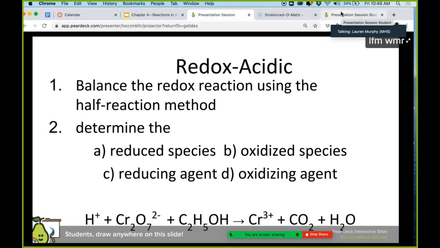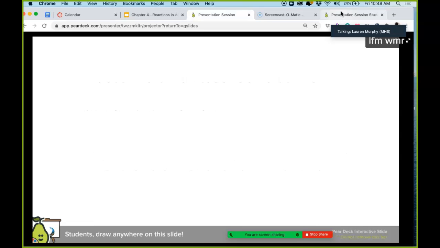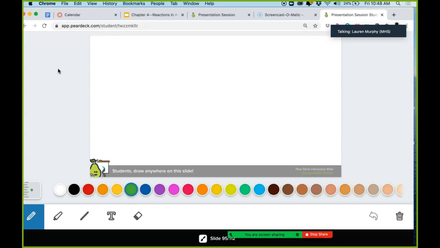I'm going to try to remember this. So dichromate to chromium and ethanol to carbon dioxide. So dichromate to chromium ion, it's a half reaction. And then ethanol, C2H5OH, it's alcohol, to carbon dioxide.